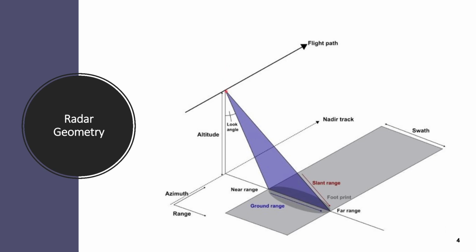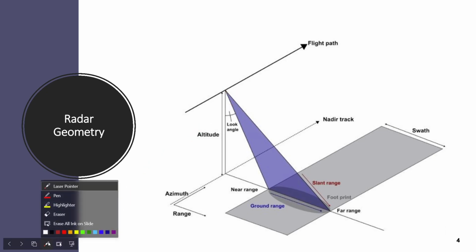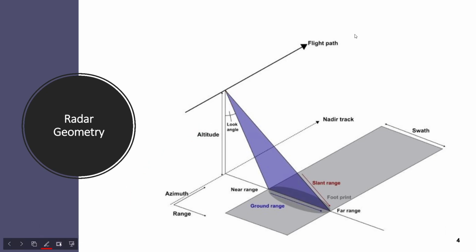So when the sensor is side looking, it is emitting the radio waves, and when the radio waves spread, it does not go directly like a single ray of beam. So if this is the source, it is going to expand in your entire field of view, and it's going to have a 3D shape like this.